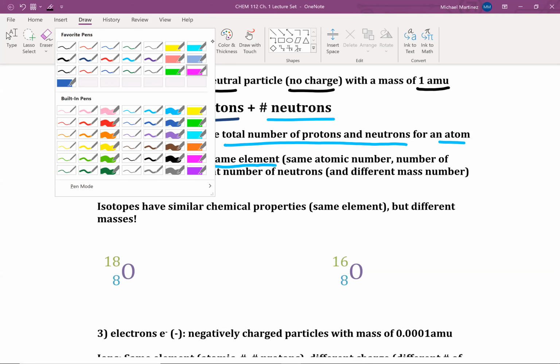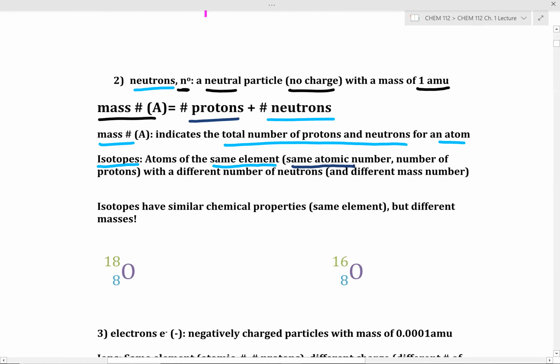Same element, same number of protons, exactly. So they have the same atomic number and the same number of protons, but they have a different number of neutrons. Okay? And as a result, they have a different mass number.